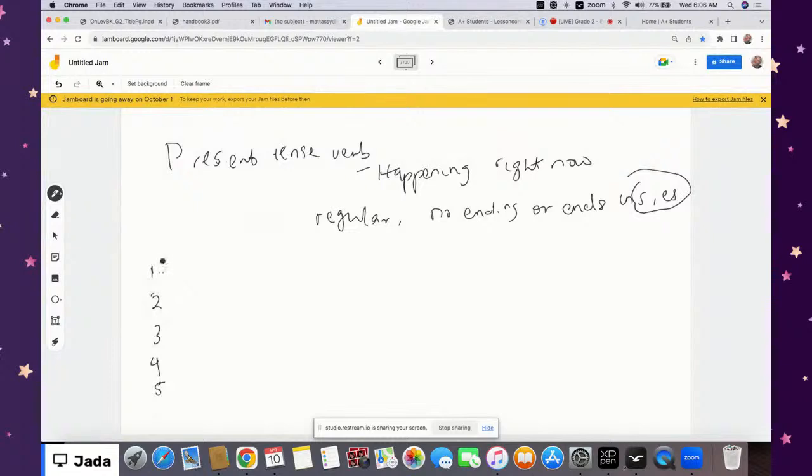The first one can be, he goes to bed every morning. Or you can say, I understand English. Okay, so I'm going to write them down here.